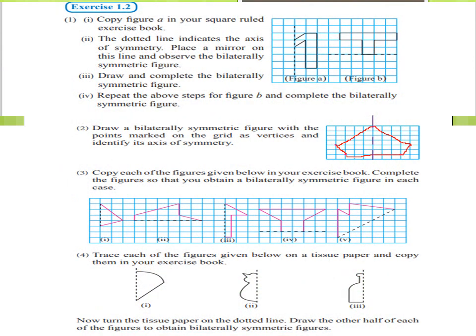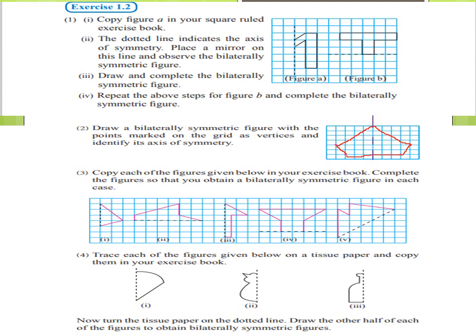So guys, let's move on to exercise 1.2. This is a very easy exercise for you to do. The first one: copy figure A in your square ruled exercise book. Second, the dotted line indicates the axis of symmetry.